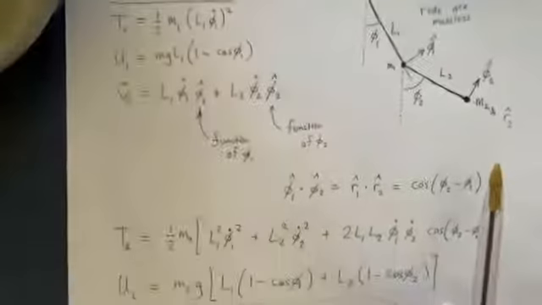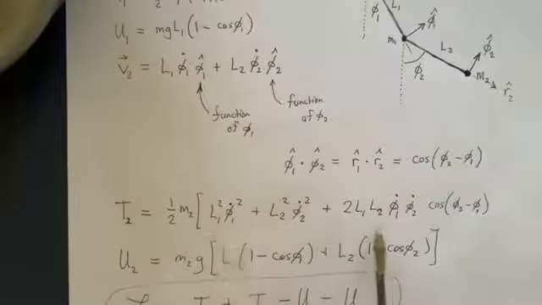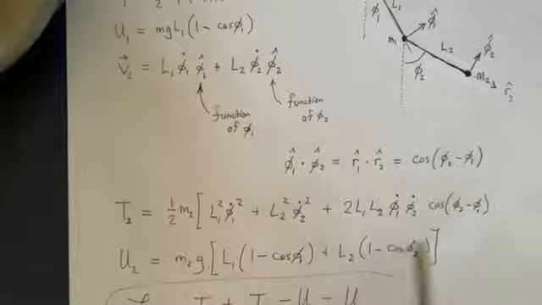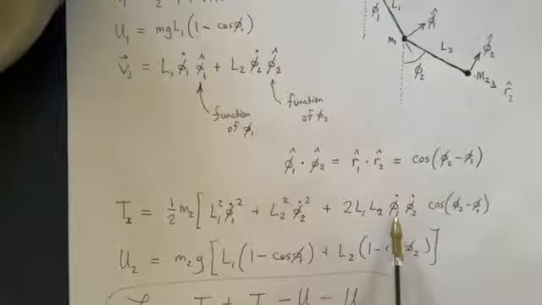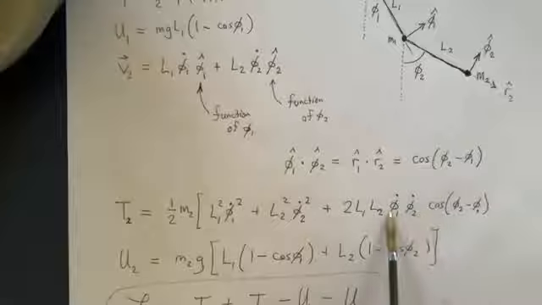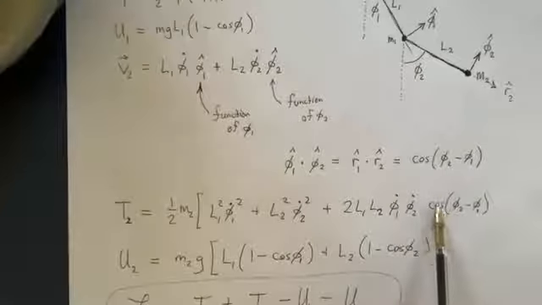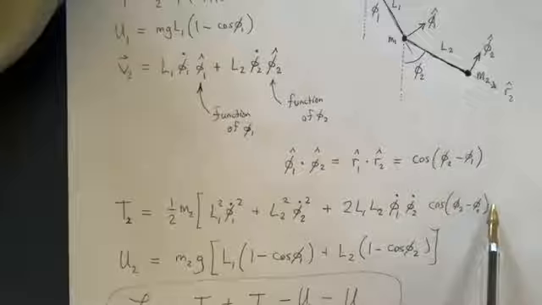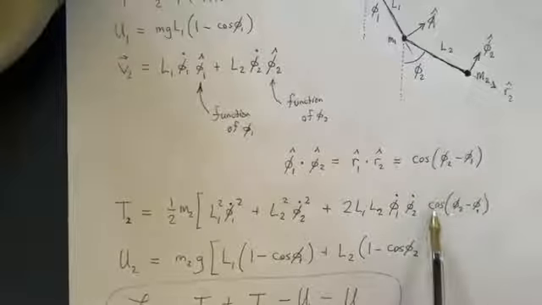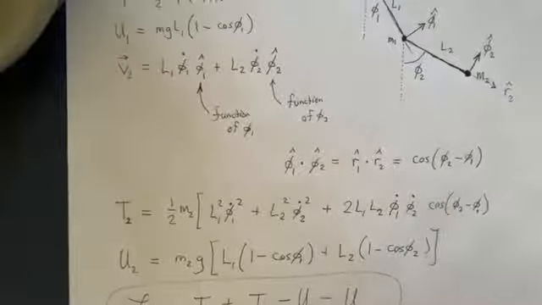All right, so far so good. The interesting stuff occurs here. This is where we have some good news. Remember orders in smallness. We have phi1 dot, we have phi2 dot. This is already second order in smallness. So the cosine, we could put a very accurate series in, but there's no need. We're only going to use the leading term, which is 1. Okay, so that's the really good news here.